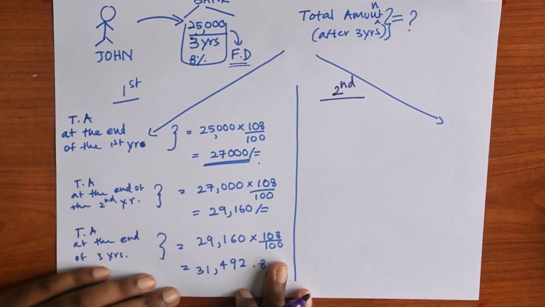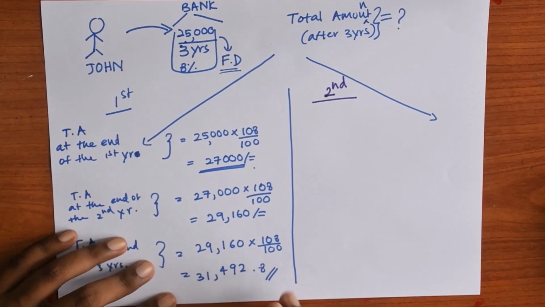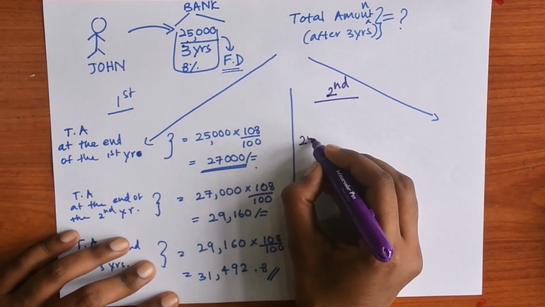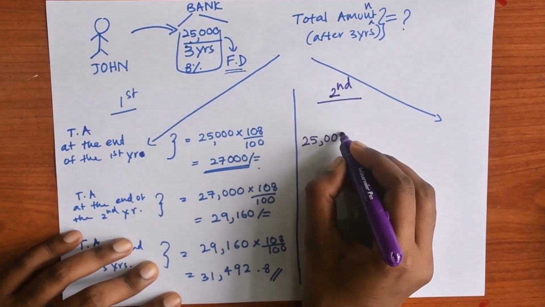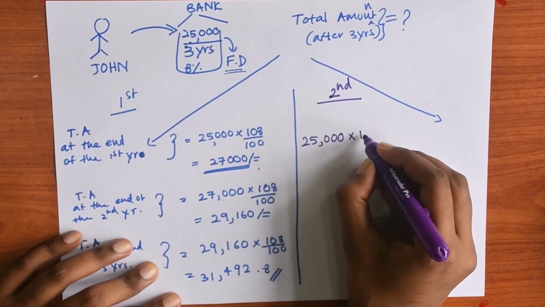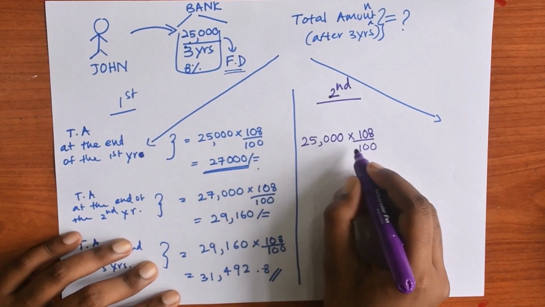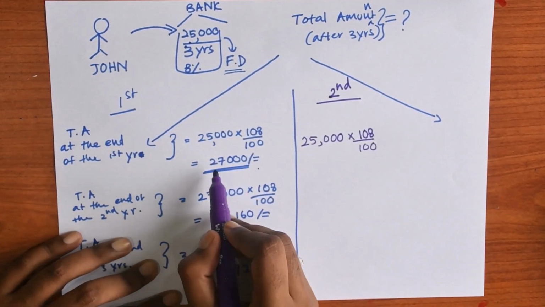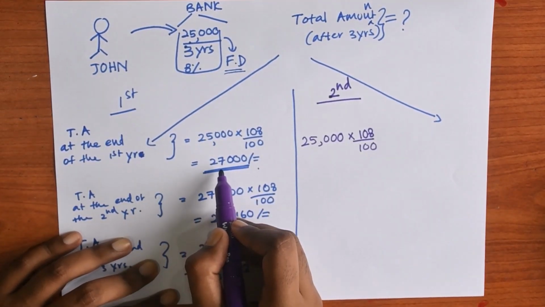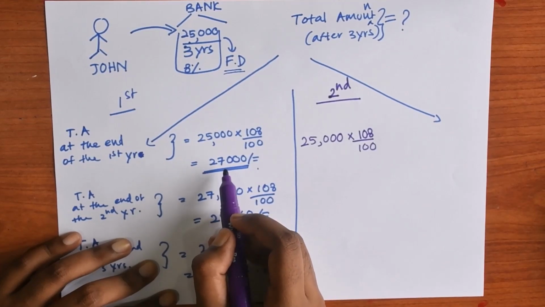How do we do that? Well, what you should do is you should multiply 25,000 by 108 and divide it by 100. What do you get? You get the total amount that John will receive at the end of the first year.